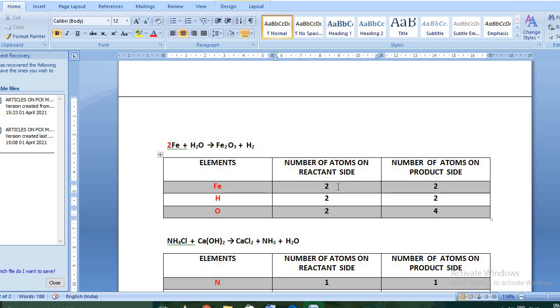Then next is hydrogen, 2 and 2. It is balanced. Oxygen is 1 here and oxygen is 6 there. So to balance it, what do we have to do? 3 into 2 is 6, so 2 we will add.